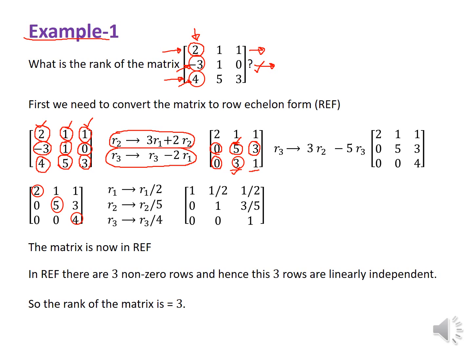For this, we will multiply second row by 3, and then we will multiply the third row by 5, and then we will subtract this third row from the second row. So the row operation for the row 3 will be row 3 is equal 3 into row 2 minus 5 into row 3.